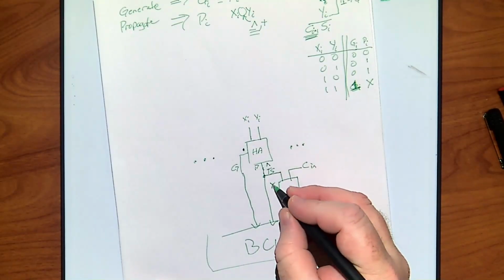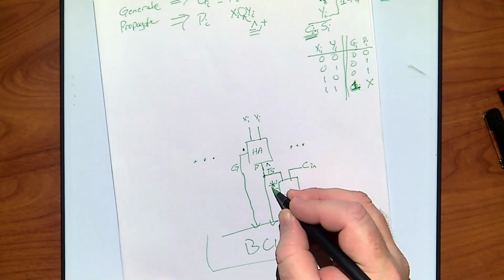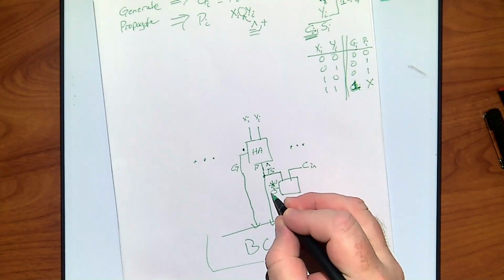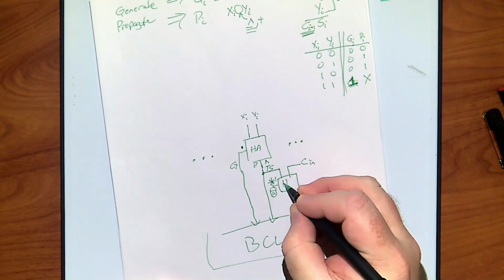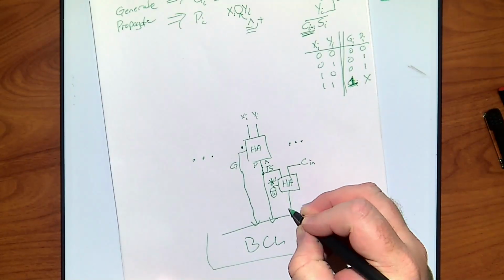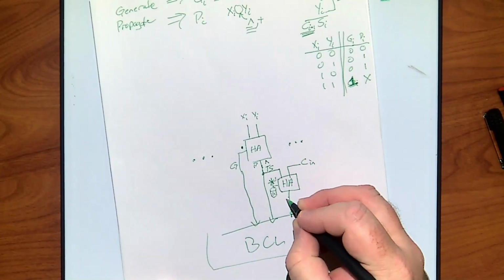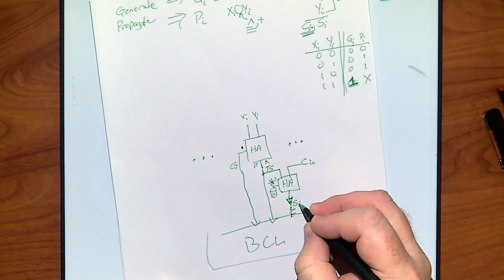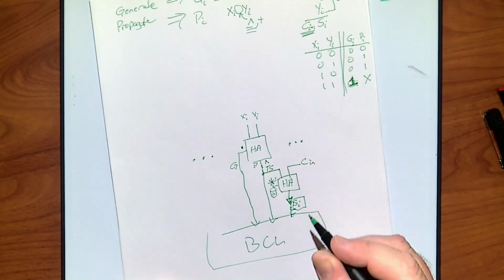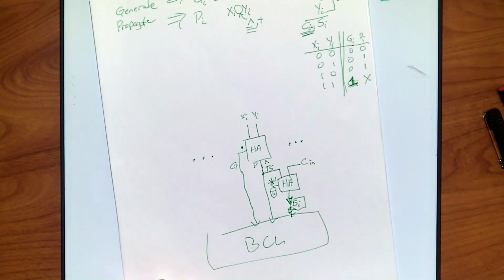Maybe I'll just call it garbage, whatever you want to think of it, a garbage can or something. You don't need that output of this half adder. But the sum bit coming out, I want to go there. This is the actual sum bit. This is an output we care about. It doesn't go to the block here.